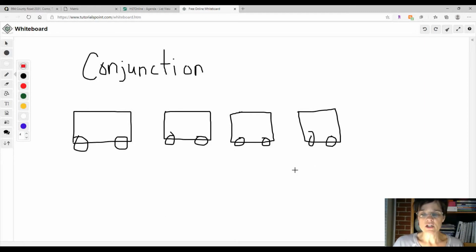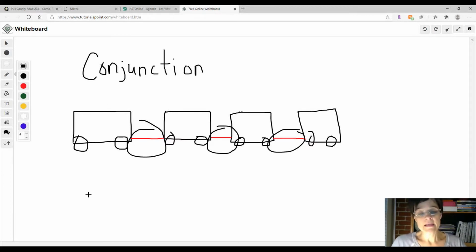But how are they pulling each other? They have something in between here, right, that connects them, right? And then this one connects to the next one, right? Okay, so this little thing right here, we could call it a conjunction. These are joined by, well, I guess it would be a lock or whatever it's called, but they're conjoined. That's how they pull each other.